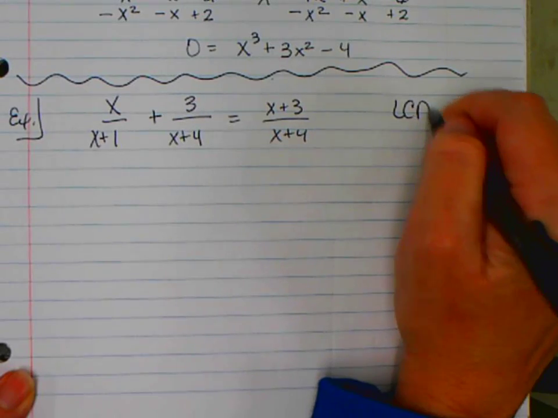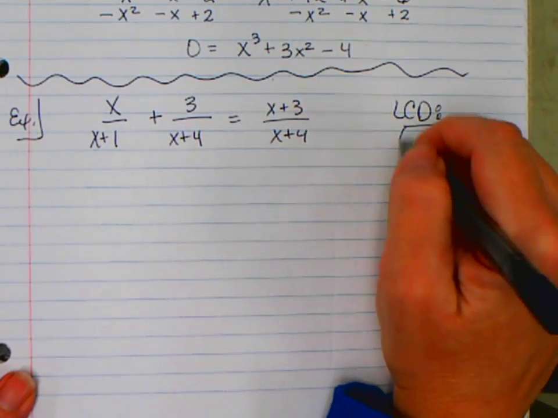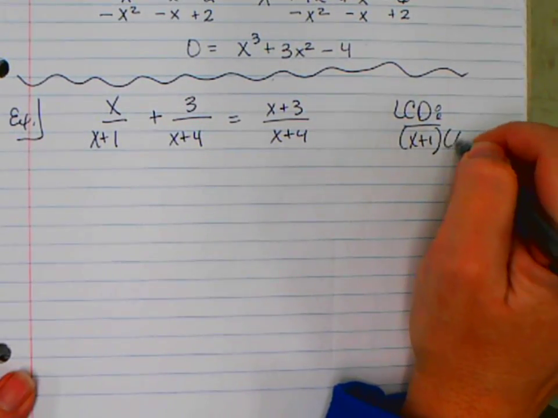What's my least common denominator? x plus 1 and x plus 4.